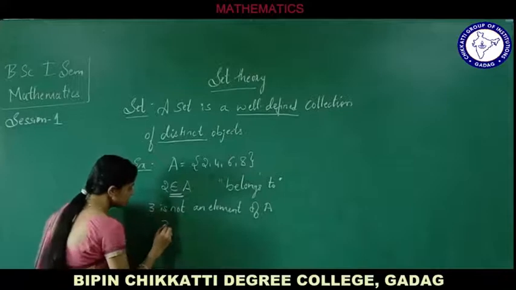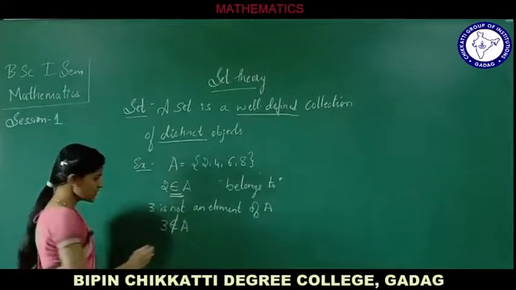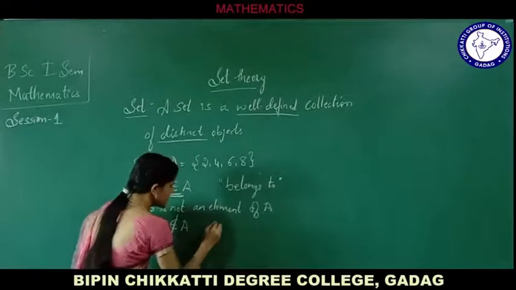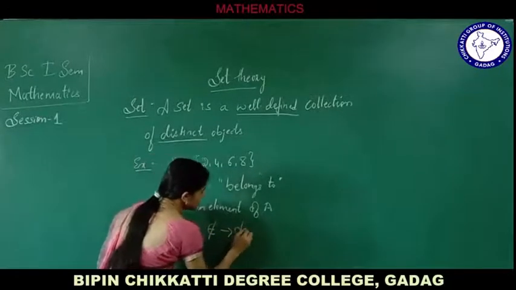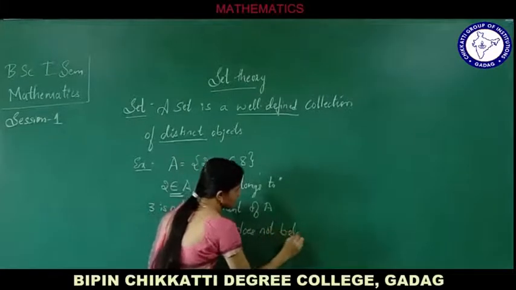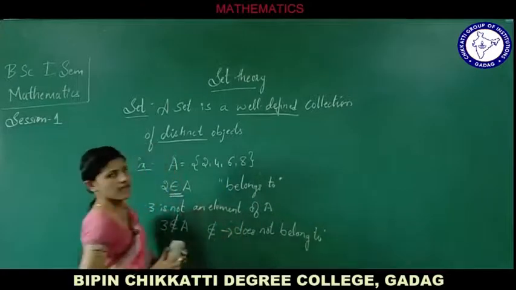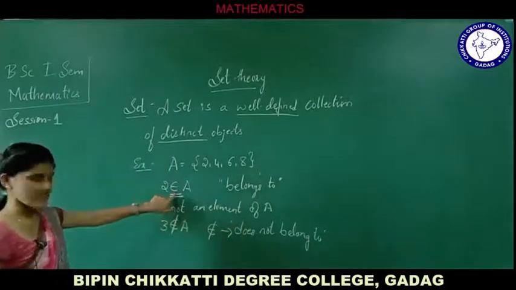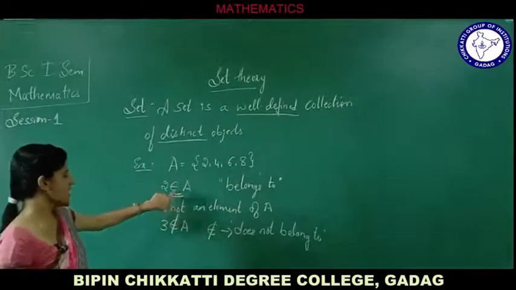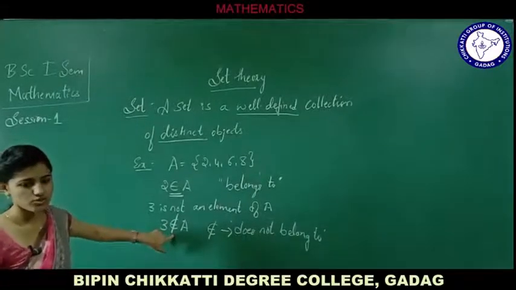It is 3 does not belong to A. This symbol indicates does not belong to. If we use this sign, it represents belongs to, and this sign represents does not belong to.